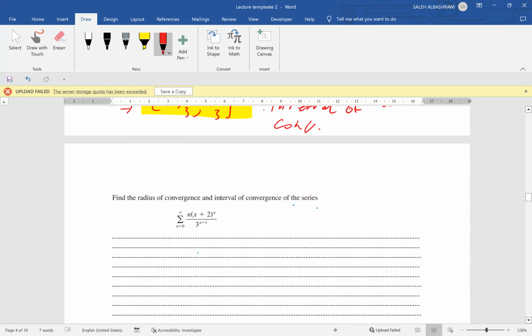For example, in the second example, let's apply the ratio test to find the radius of convergence and the interval of convergence.